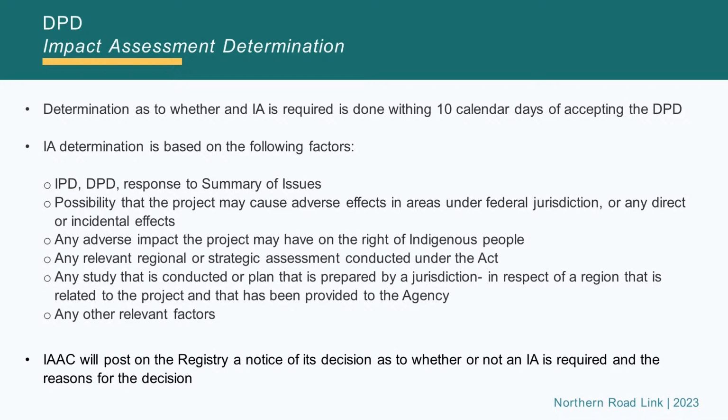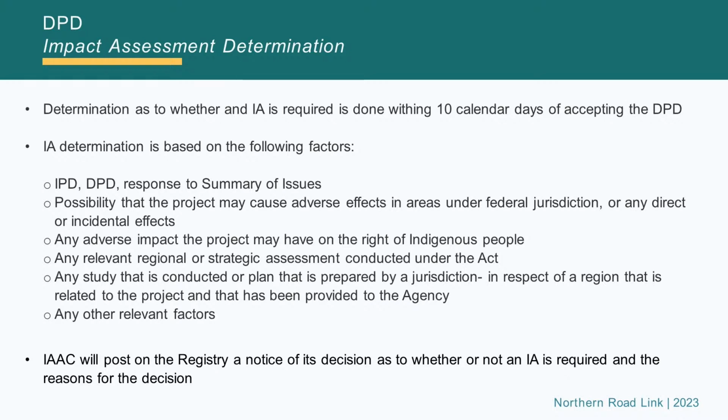Any relevant regional or strategic assessments that are being conducted under the Impact Assessment Act. Any study that is conducted or planned that is prepared by a jurisdiction in respect of a region that is related to the project and that has been provided to the agency. Any other relevant factors too. So a number of different factors contribute to that determination as to whether an impact assessment is required.